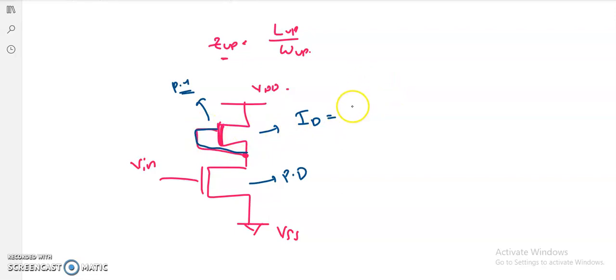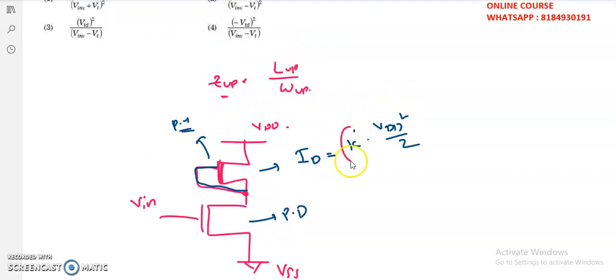Now in the saturation mode, the MOSFET's equation can be given as K dash into VDD square by 2, right? Here K dash means mu naught COX W by L, this entire thing. So it is the MOSFET's saturation drain current equation, where K dash is nothing but mu naught COX W by L.